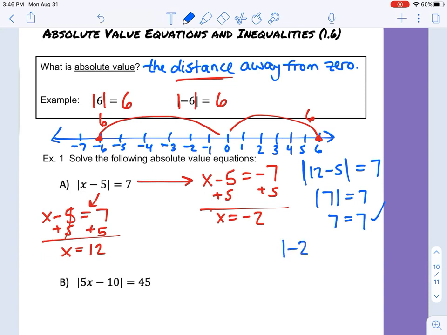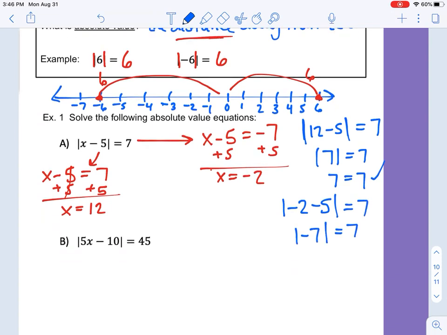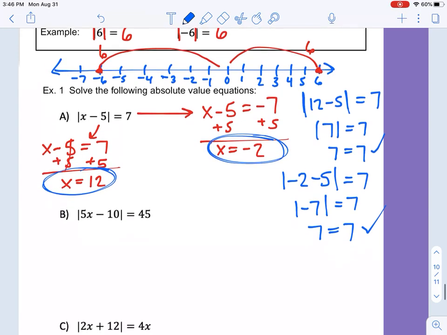Once again, we plug in negative 2 for x this time. And we get the absolute value of negative 7 equals 7. Now the absolute value of negative 7 is positive 7, so that also checks out, meaning we have these two solutions for our absolute value equation.